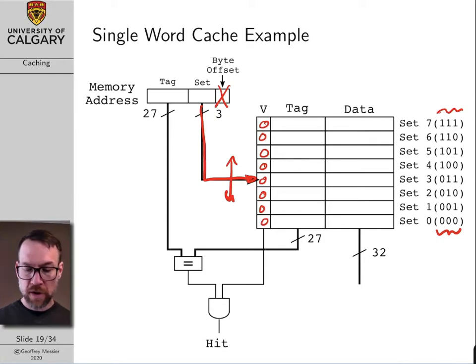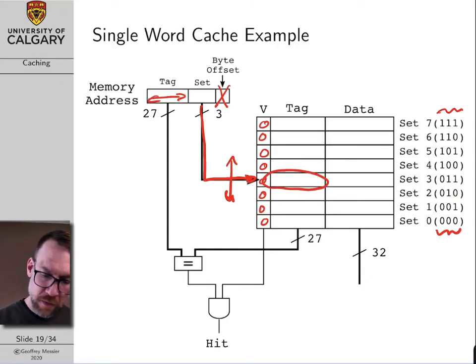And so when we're reading from our cache and we want to determine whether we've got a hit or not, we take the 27 bits from our main memory address that we're working with. We determine which set our word should be in, and then we pull the tag bits from whichever tag bits happen to be there, and we compare them.